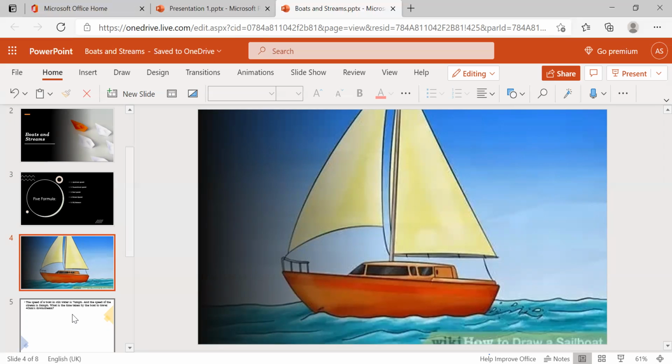Whenever we are moving in a direction in a river or stream, and that river or stream flows against us, that is upstream. Suppose we are moving this way.